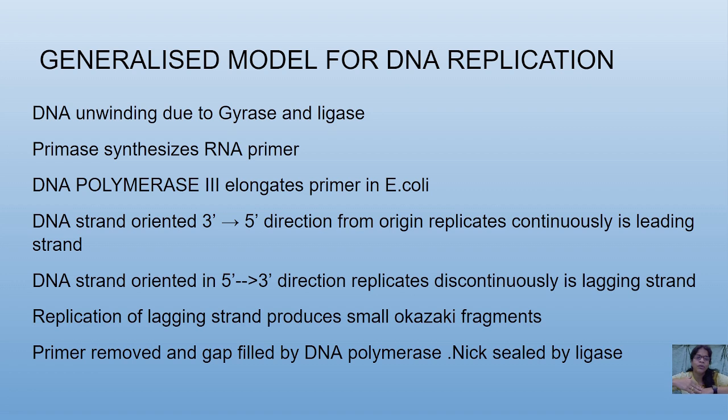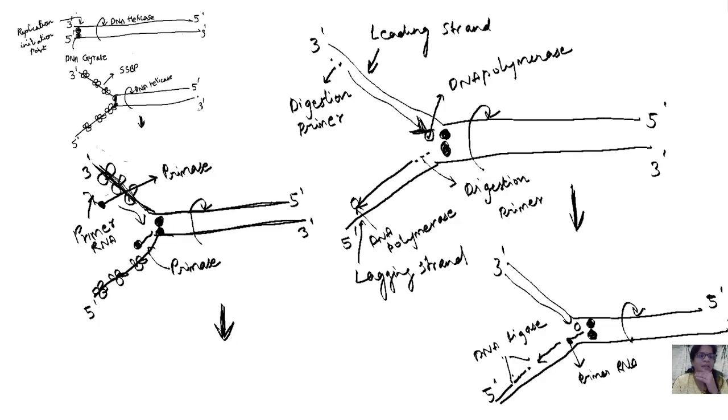This is what you call DNA unwinding or DNA melting. I will tell you what happens. This is my diagram that I thought could explain it in a much better way. This is the 3 prime end of DNA and this is the 5 prime end of DNA.